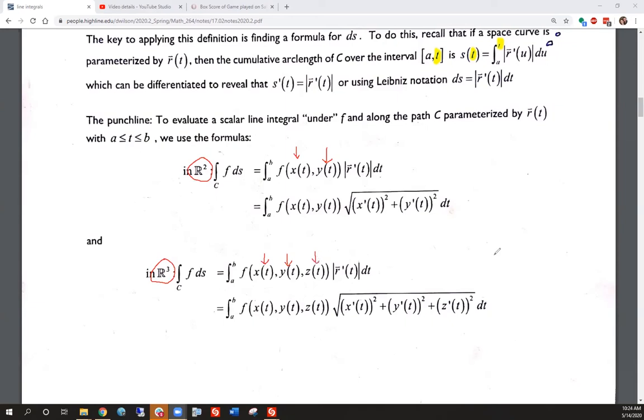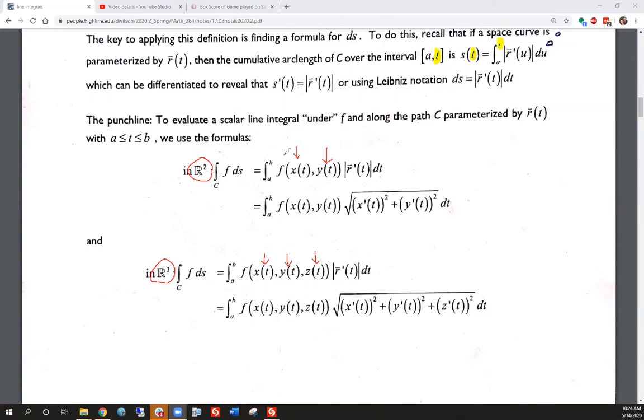So the formulas are analogous to each other. I would encourage you to just focus in on R2. This is what I'm going to do throughout our notes as much as possible, knowing that we can always add a third dimension if we need to. It's just not that big a deal to have 3 dimensions, except it makes the formulas longer.